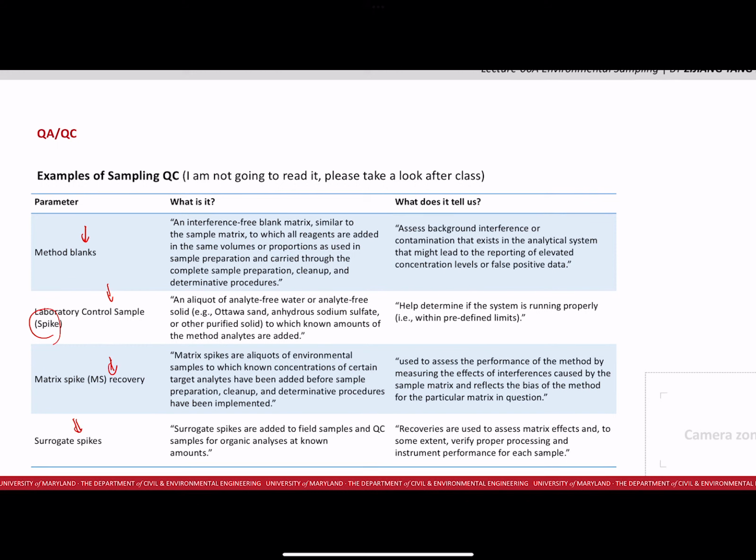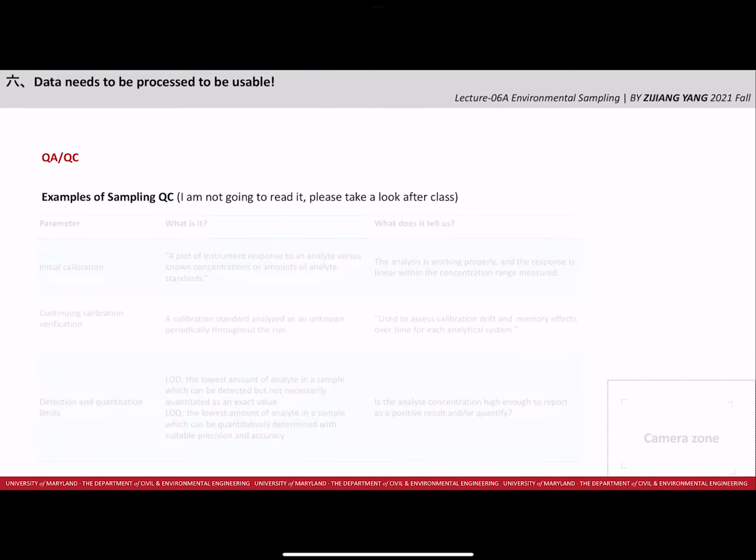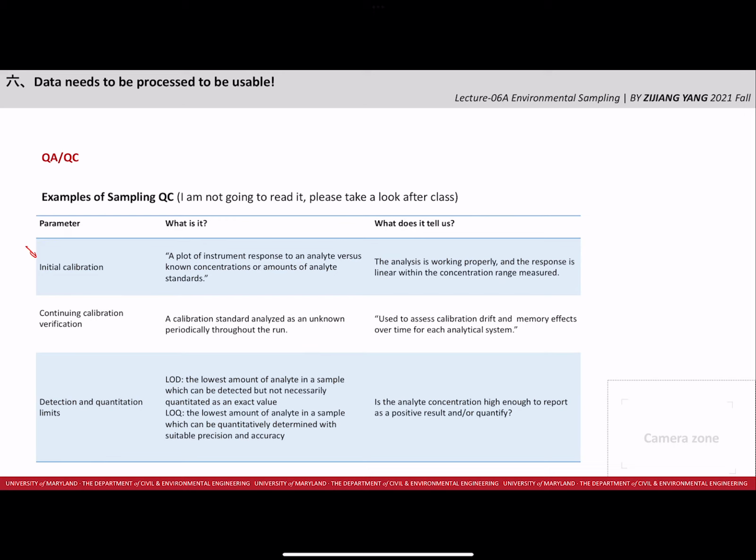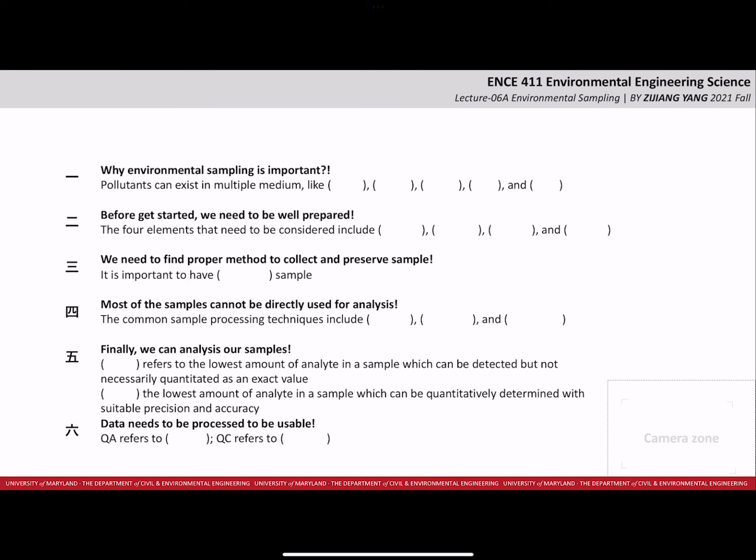I will talk about them in the organic chemistry lecture, but you need to have some general idea about what they are. Also the initial calibration, verification, and the detection and the quantification limits. All of this should be reported. And I think that's it.